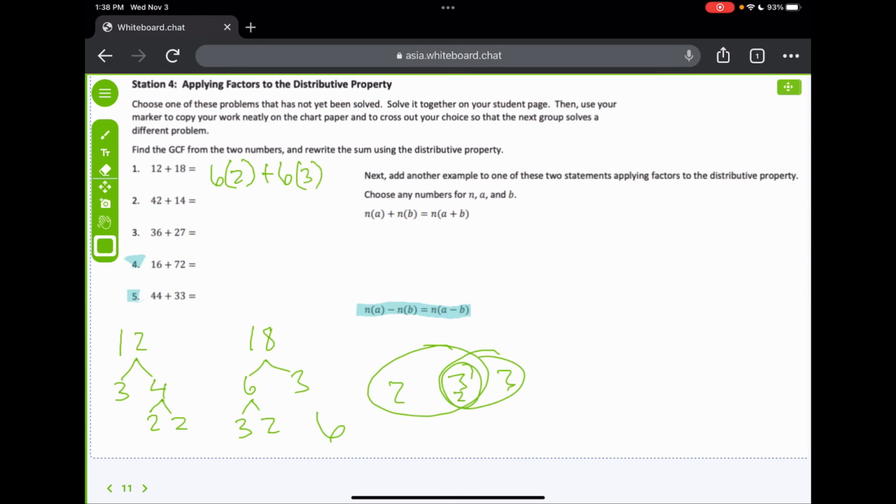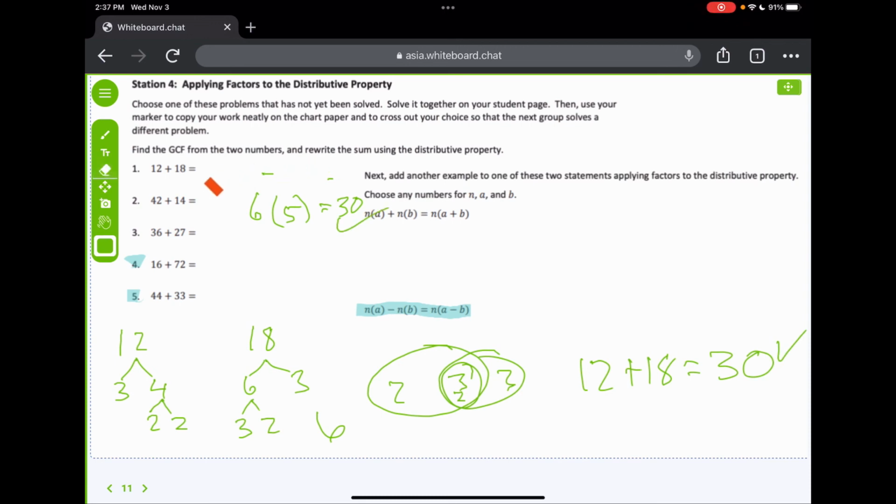We multiply by 3. And that's going to give you 6 times 5, which is equal to 30. Okay, so 6 times 5 equals 30, and we also know that 12 plus 18 equals 30. So it works out like that.